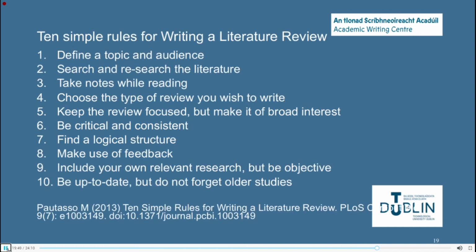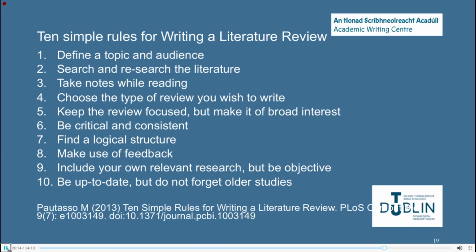Here are 10 simple rules for writing a literature review, which are part of an article published by Pautasso in 2013. We already made reference to his work before. And as you can see, we have covered these 10 points throughout this presentation.